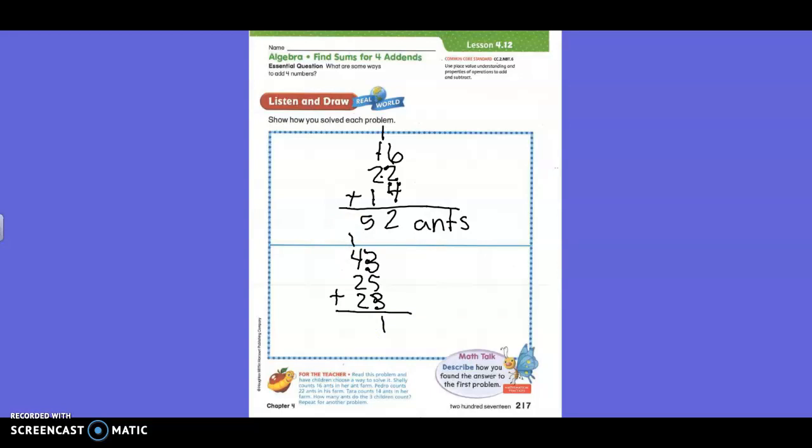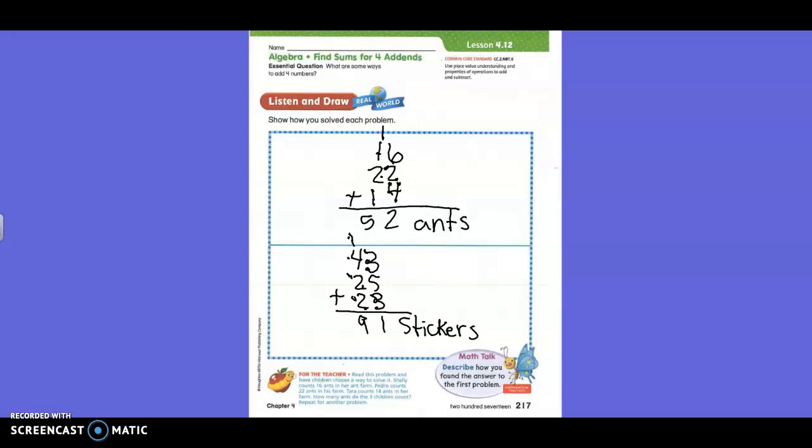I'm going to start with my big number 4. Go up 5, 6, 7, 8, 9. 91 what? Stickers. 91 stickers.